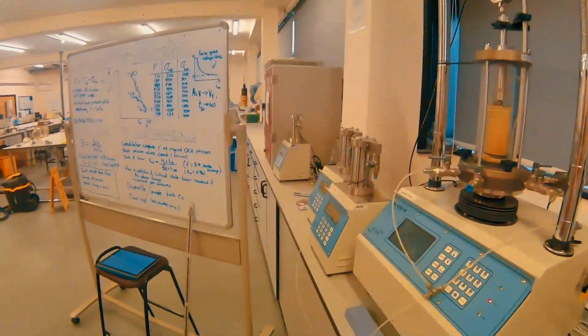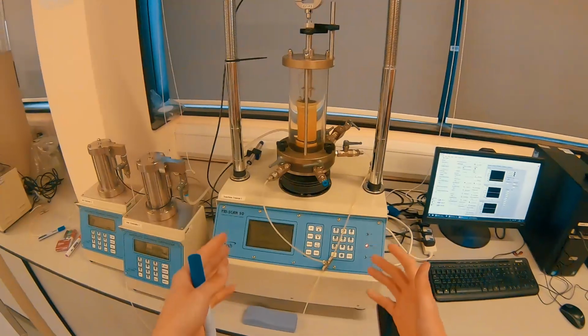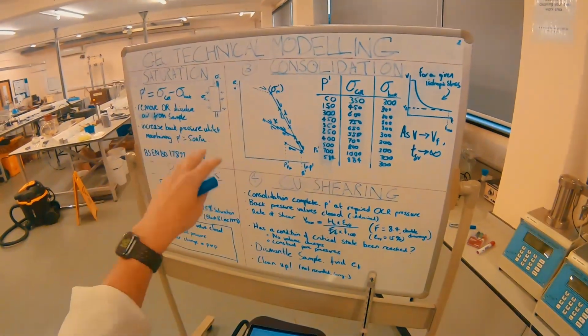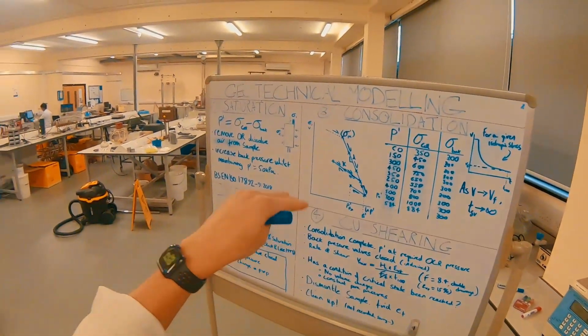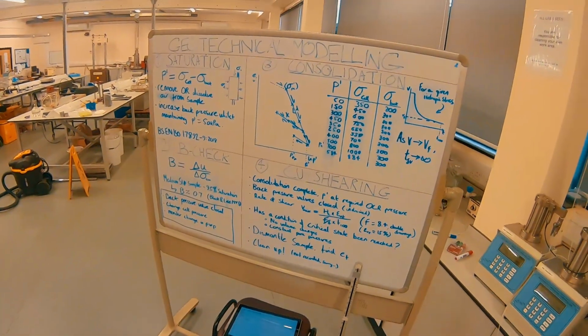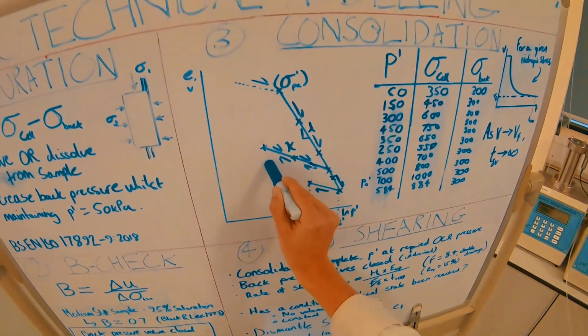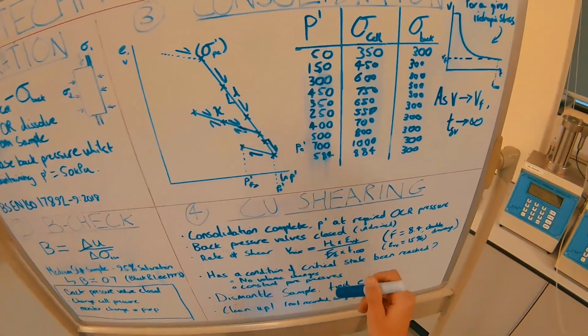Let's talk briefly about that and explain what it means. We know from our e-log P' plot that the voids content, or specific volume, of our sample is changing as we change our stress. It's either decreasing or increasing along the kappa line and then decreasing again.